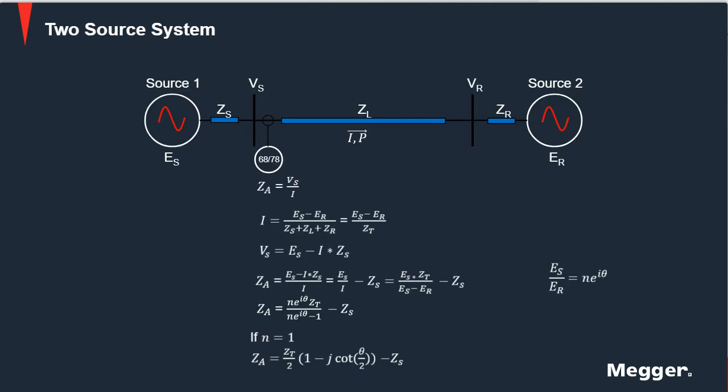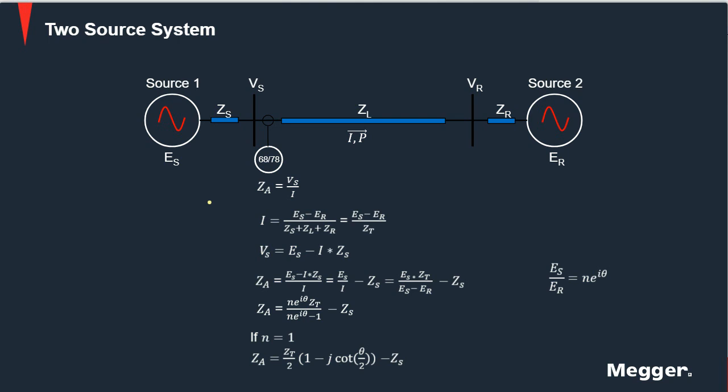Now, there is more to it than that. I'm just going over the basic concepts here that will help me explain the things that I have to talk about later. Now, going back to that same two-source model, we now want to explore what is going to happen with the impedance as seen by a relay located at this point here.